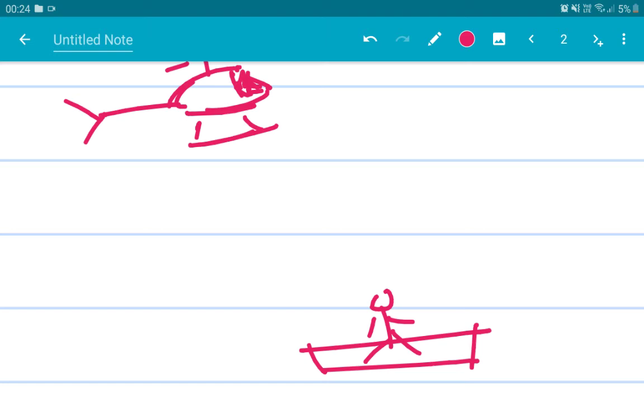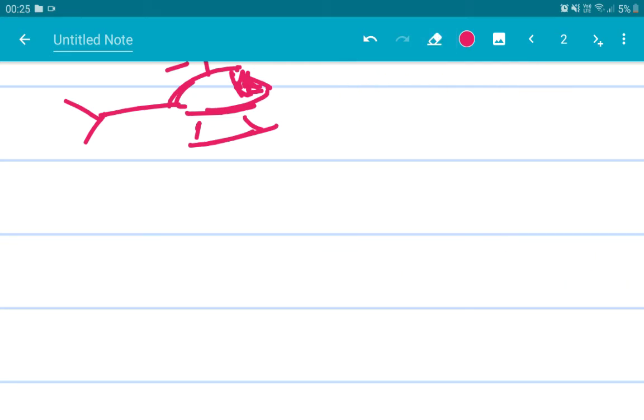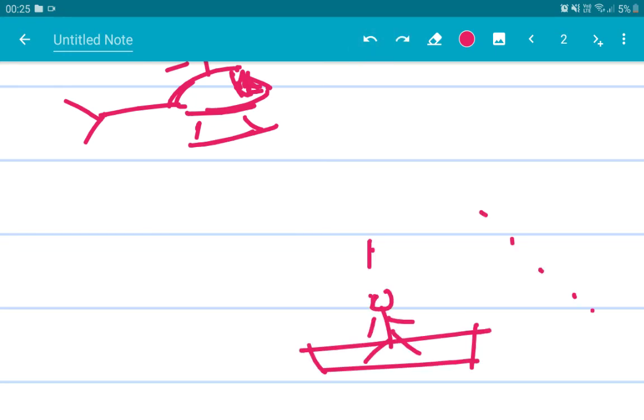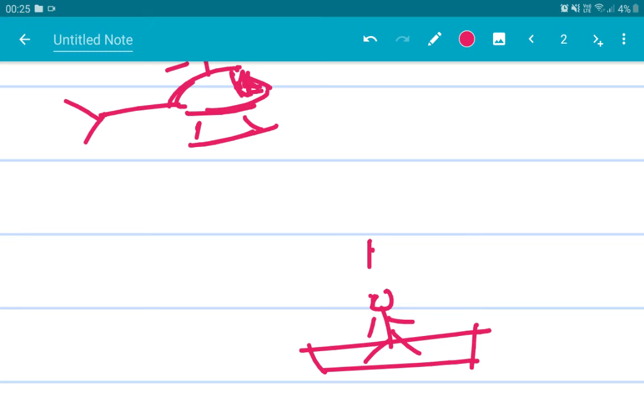So this pilot wants to throw food for him. He can't throw from here. Why? Because he has some velocity and the particle will deviate like this. So this pilot has to throw the food from here, so that by the time he reaches here, it is like this.